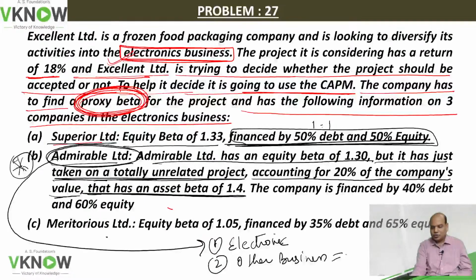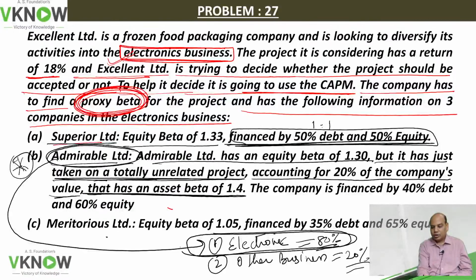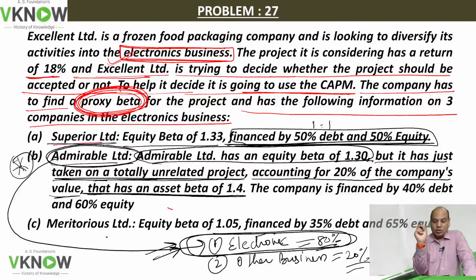The other business weight is 20%, so electronic business will have a weight of 80%. I need to find the overall beta of electronic business only. Whatever overall beta I get from Admirable, from that we will identify the beta of electronic business only.